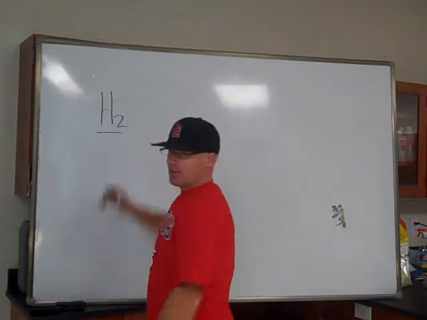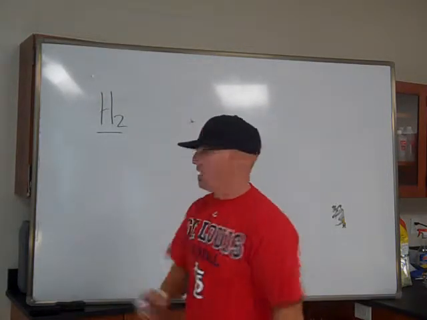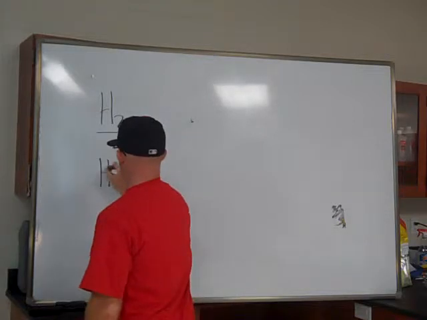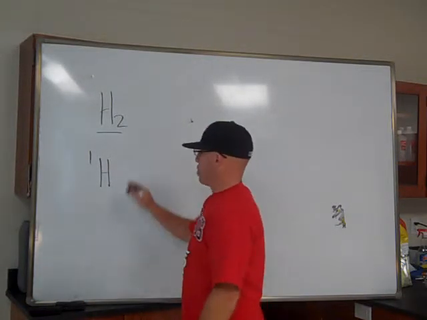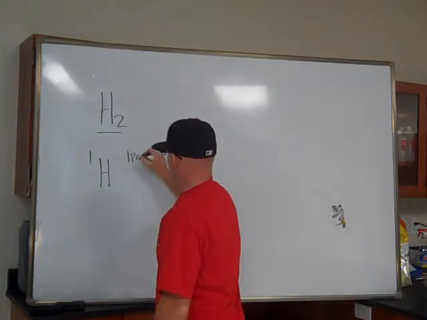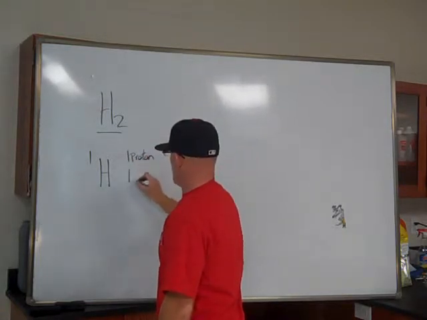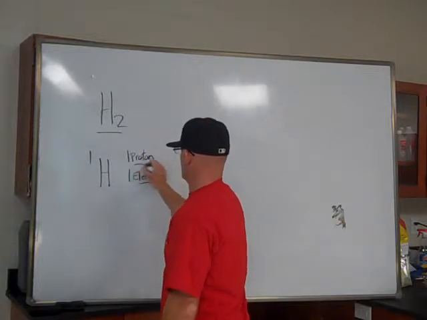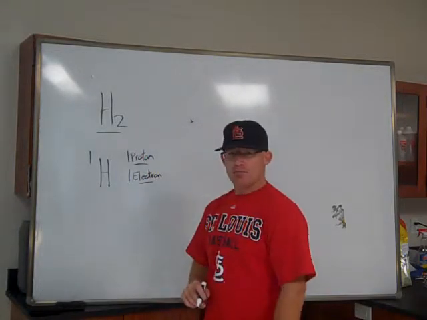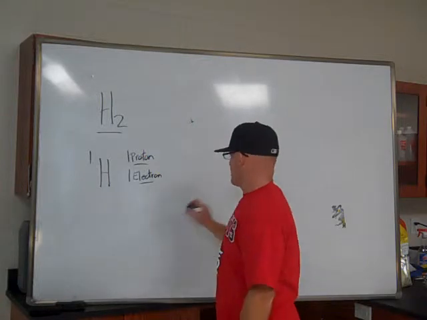So, hydrogen, find it on the periodic table. It's number 1. That tells me a couple of things. It has 1 proton and 1 electron. Here's hydrogen.